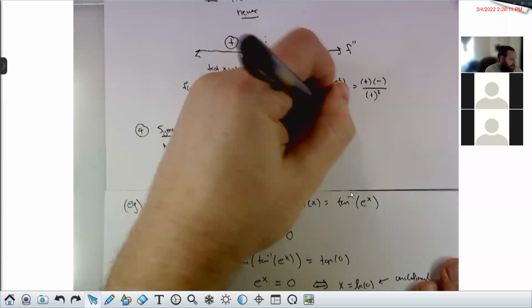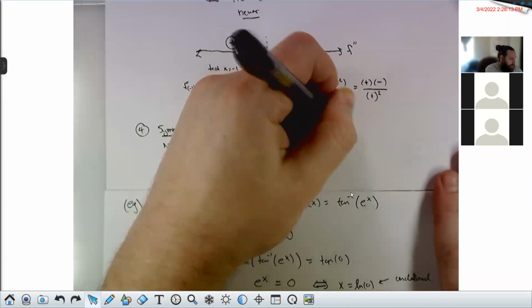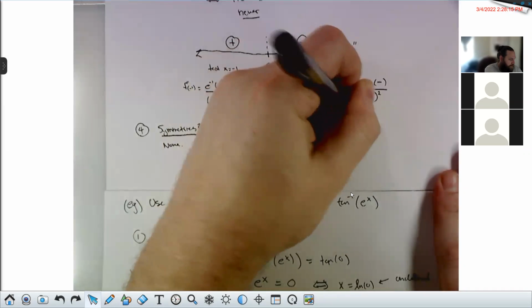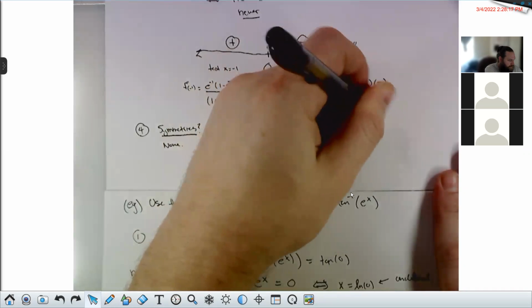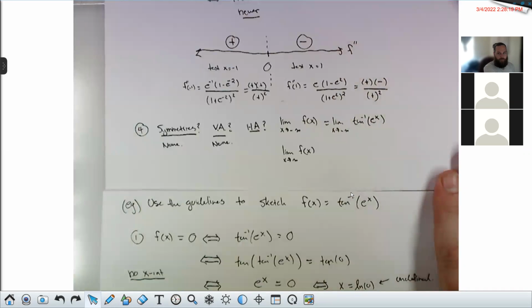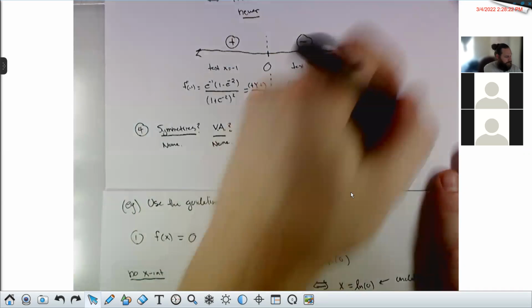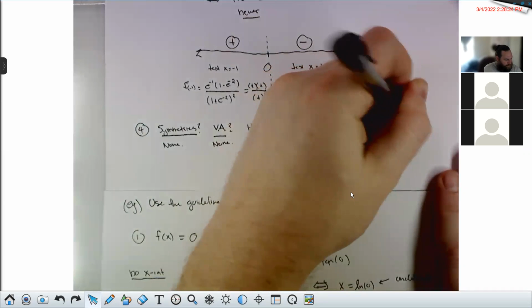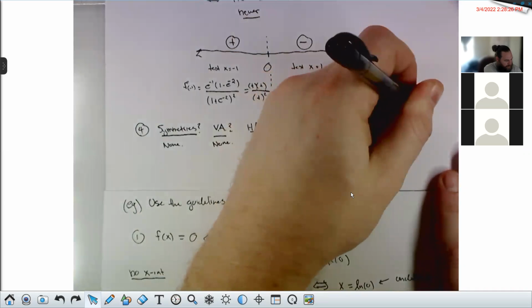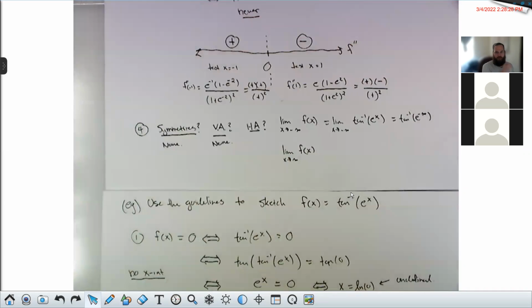So as x goes to negative infinity, that means we're looking at the limit as x goes to negative infinity of inverse tangent of e to the x. This would be the inverse tangent of e to the negative infinity. What is e to the negative infinity? Zero. Very good.